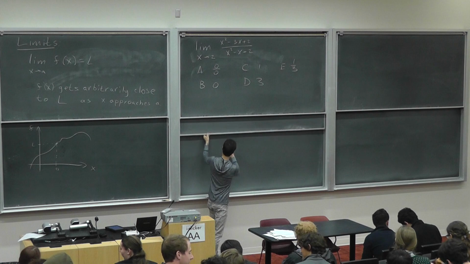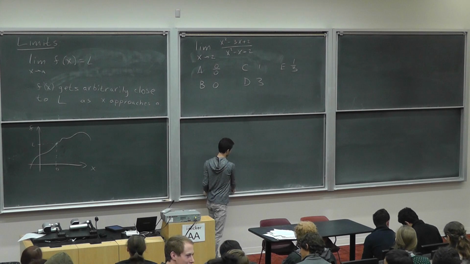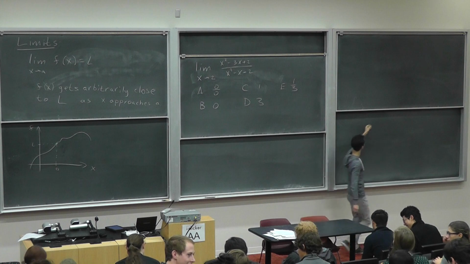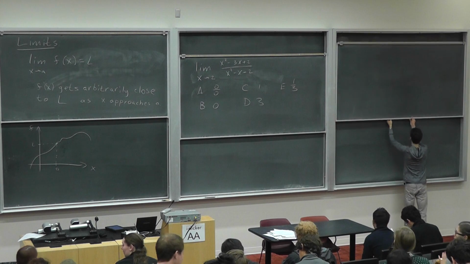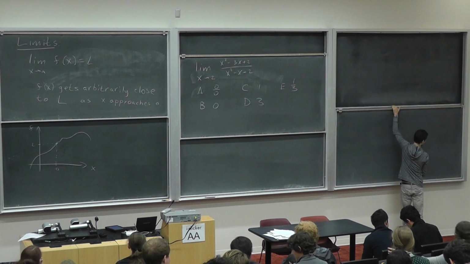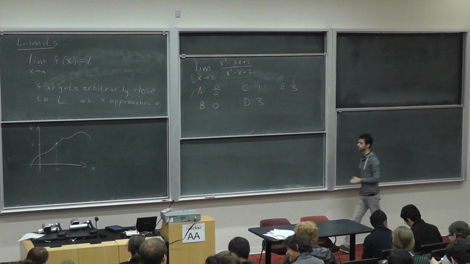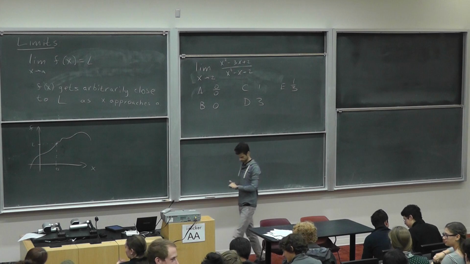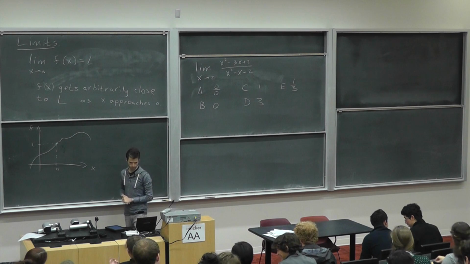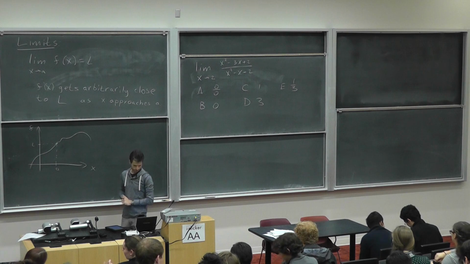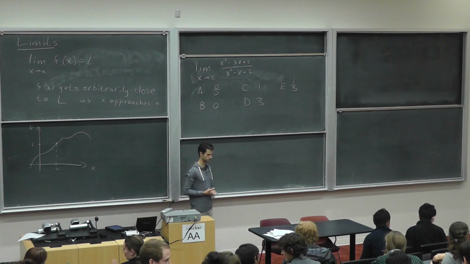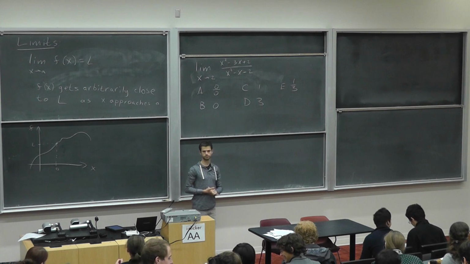What do you guys think? I think it's D because both approach 0, so you can cancel out, and then you take the derivative of both top and bottom, so you get 2x minus 3 over 2x minus 1. And as these approach 0, it's negative 3 over negative 1.